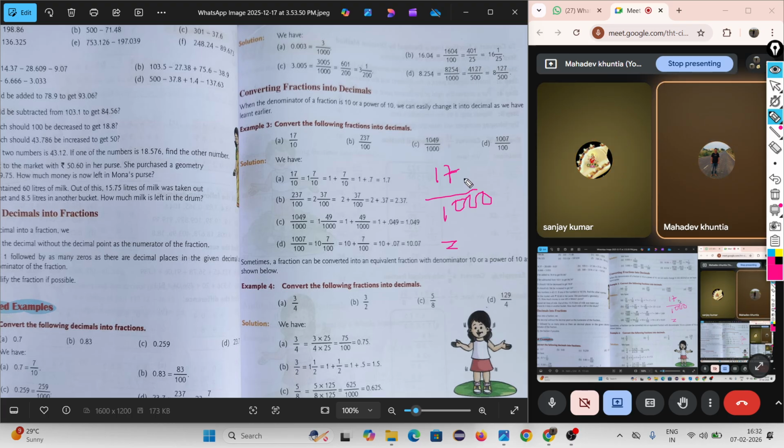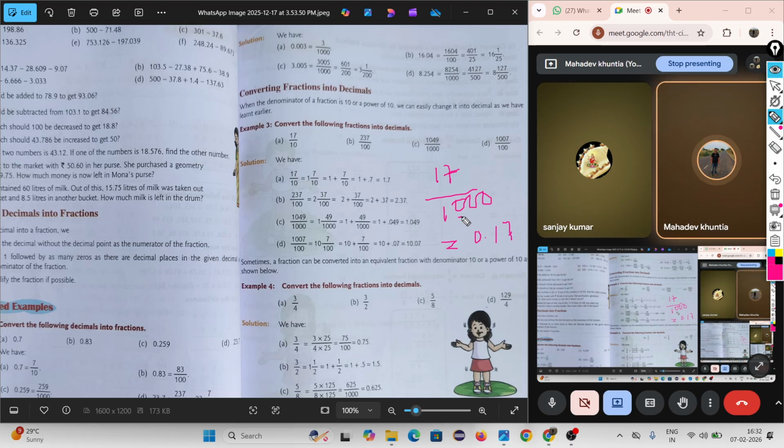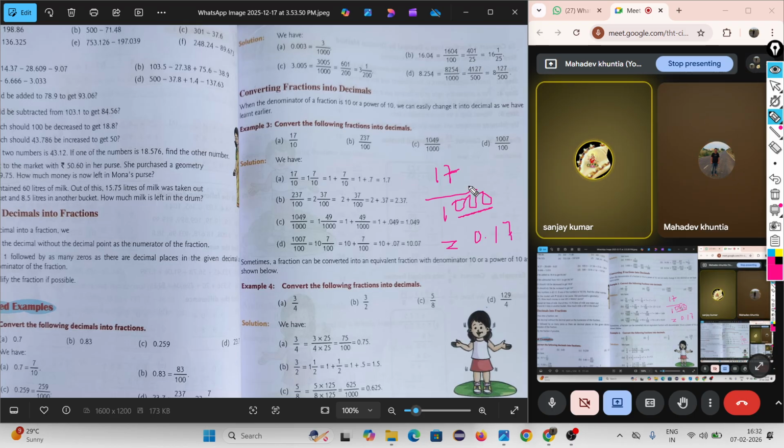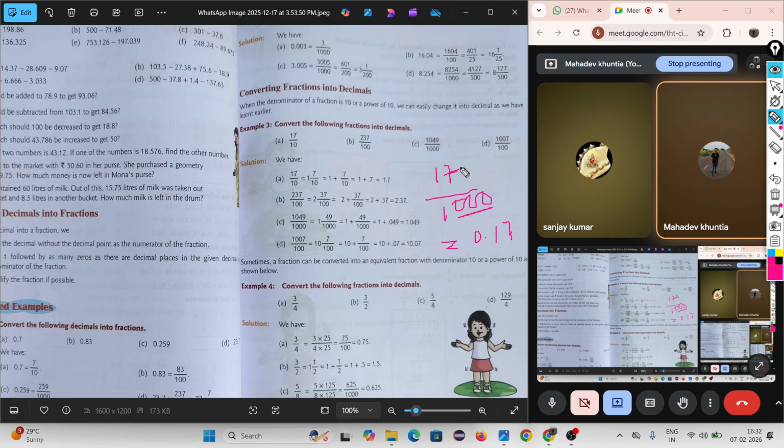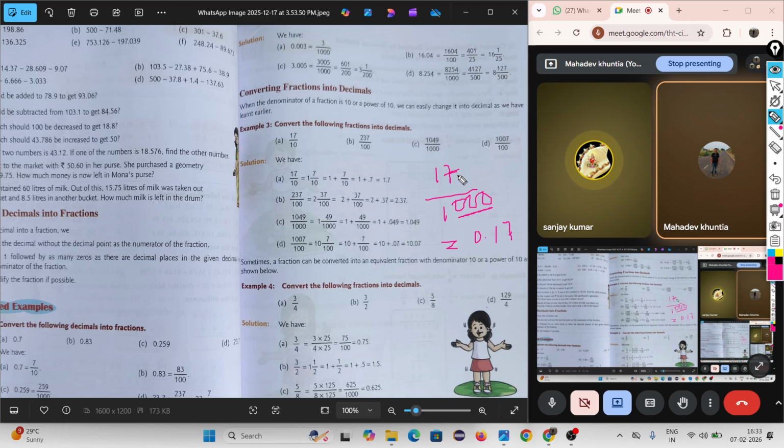Okay, look. Look, how many zeros are there in the denominator? 3. Then we have to move the decimal point three steps left. Yes. 1, 2, 3.